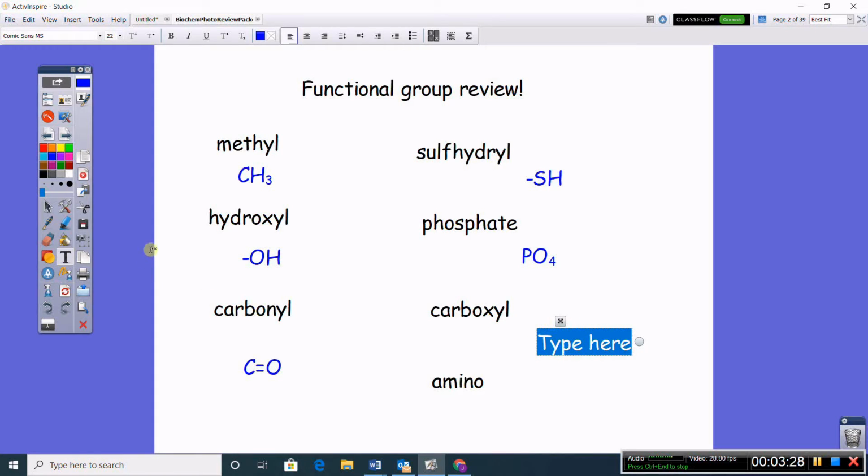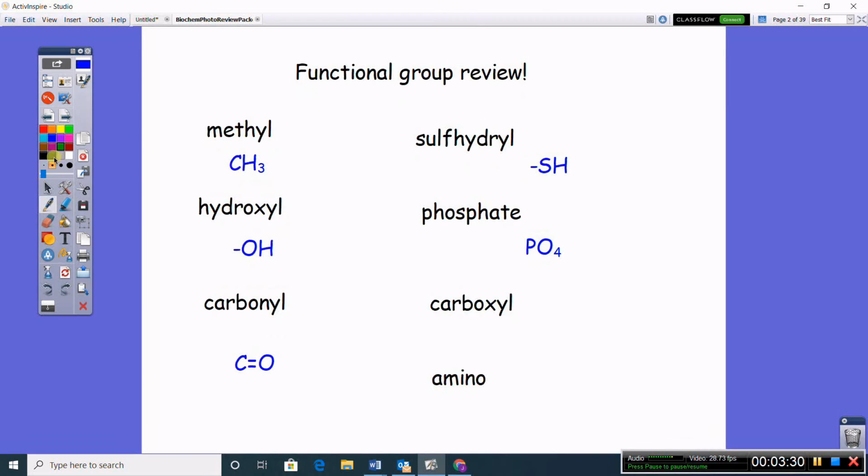All right, this one I might just hand draw. This is a carboxyl group. So this is going to combine a carbonyl group with a hydroxyl group. So it's going to be a C double bonded to an oxygen, and that same carbon is also going to be bonded to a hydroxyl group.